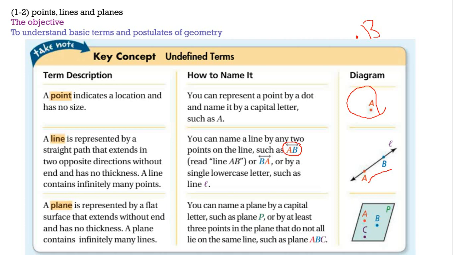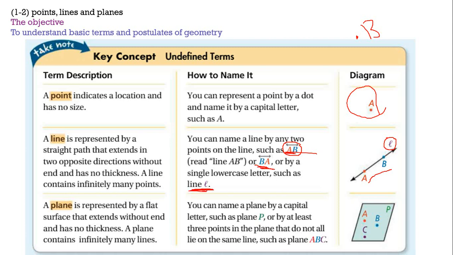We can say the opposite, BA. It will give the same meaning. Also, we can say line L, as it's named here. So we can read this line by saying AB, or BA, or line L.